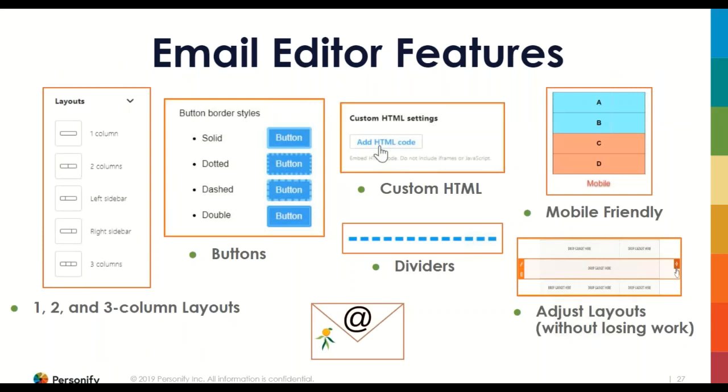And just to give you an idea of some of the features here that are new in this email editor, you are now able to define 1, 2, and 3 column layouts. And if you look on the left of your screen, you can kind of see the presets that are established already. We figured that somebody may want an evenly spaced layout between two columns, so 50% on the left, 50% on the right.